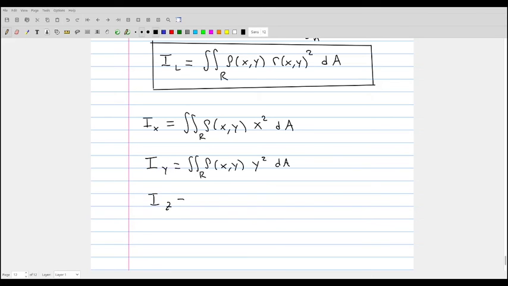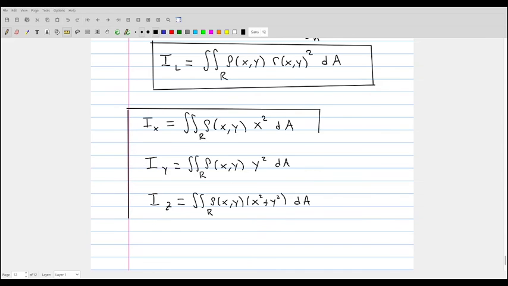And the moment of inertia about the z-axis is going to be the double integral of the density function times x squared plus y squared, because the squared distance to any point from the z-axis or to the origin is just x squared plus y squared. So the general formula holds, and you can do it about any line you want, but typically these three values are the ones we're interested in.